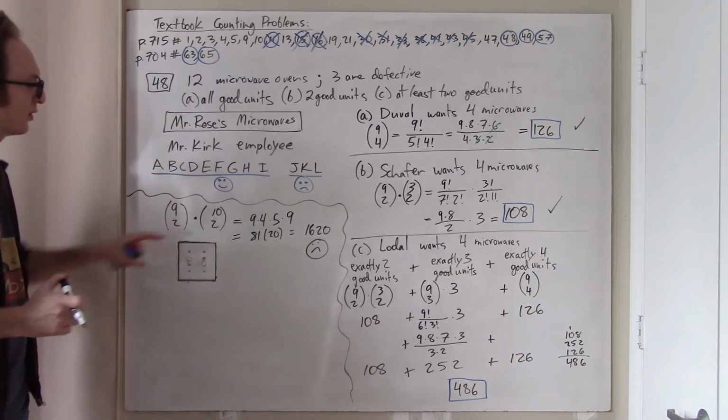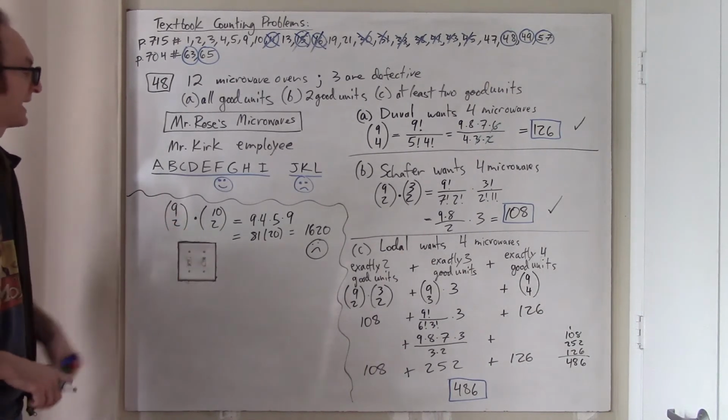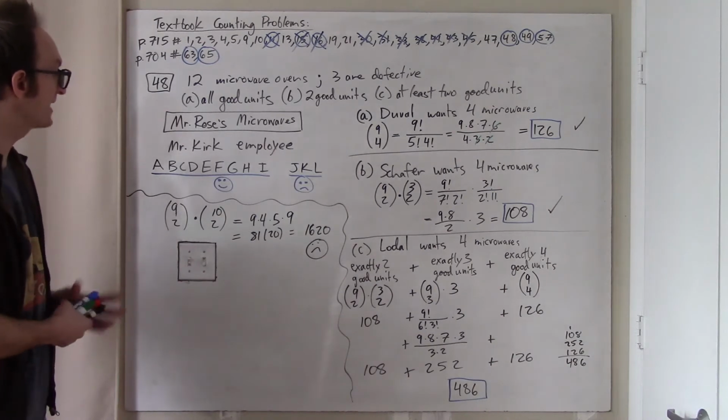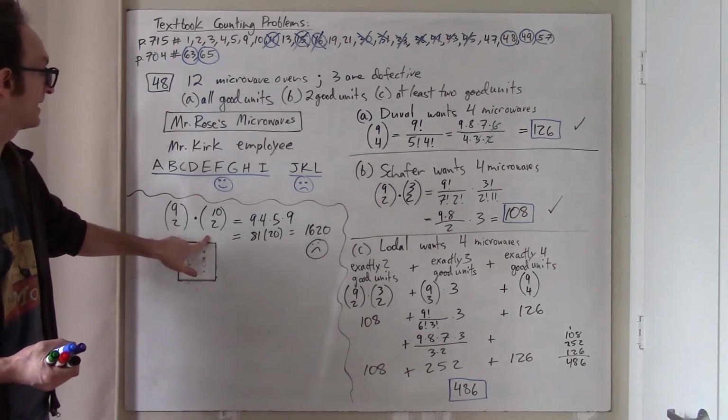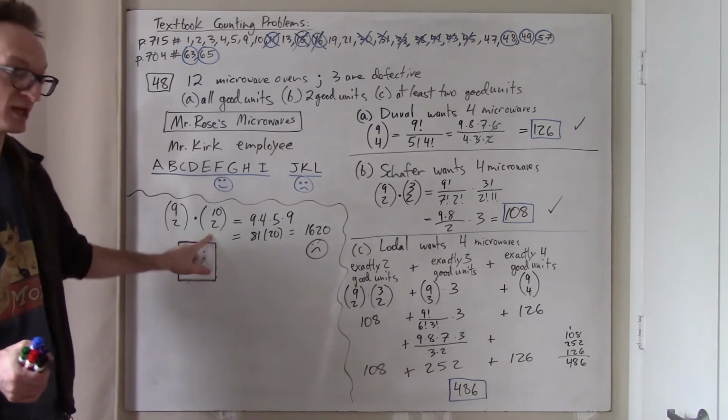Well, here's what's wrong. It is when I invoked this multiplicative principle that things went awry. It really is true that there are 9 choose 2 ways of choosing 2 microwave ovens, and it really is true that if there are 10 microwave ovens that remain, there are 10 choose 2 ways of picking 2 of those.